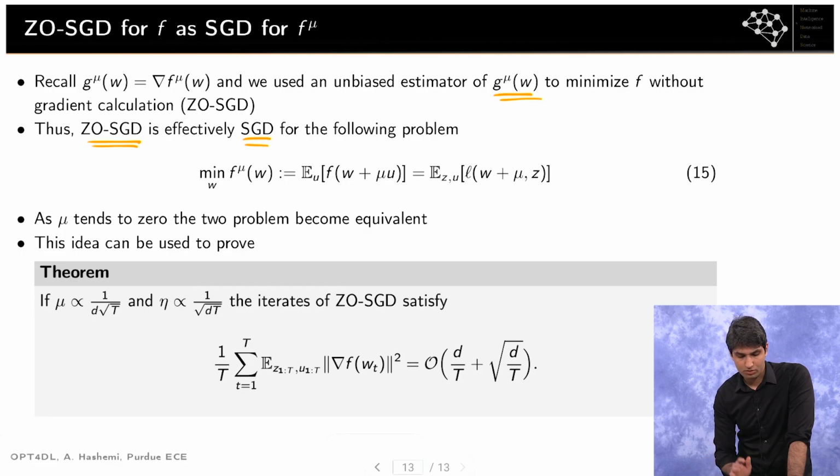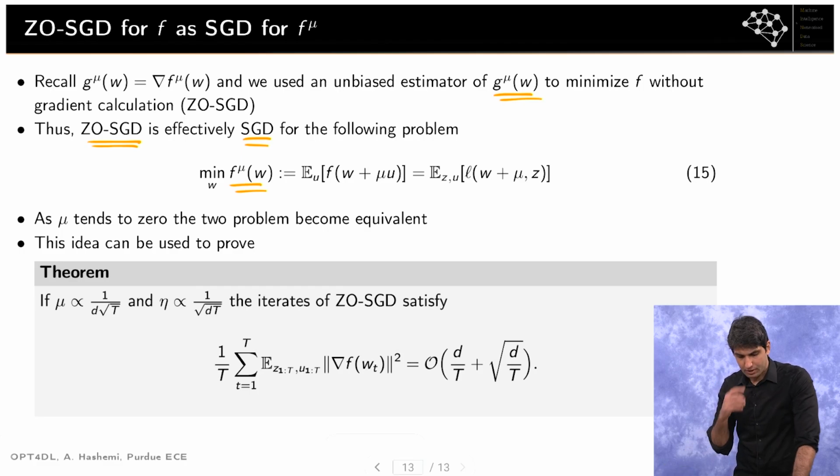So instead of minimizing the function f directly, which requires access to the true gradient of the function, we are minimizing the smooth version of the function using SGD. And this process turns out not to require access to the true gradient of the original loss function.